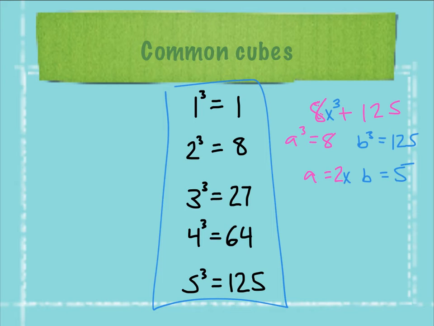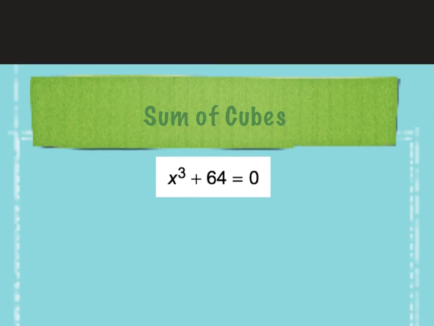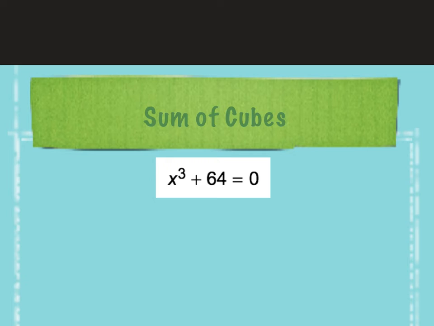So let's do some examples. Here we have the sum of cubes. Our sum of cubes formula, I'm going to write it up top here, is A plus B times A squared minus AB plus B squared.